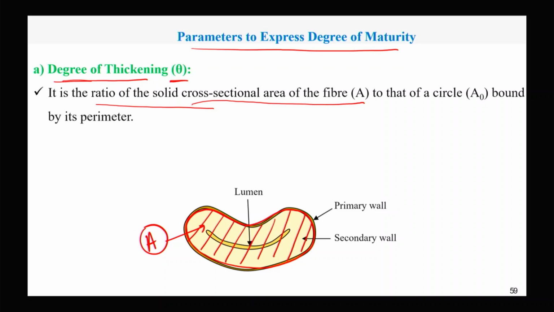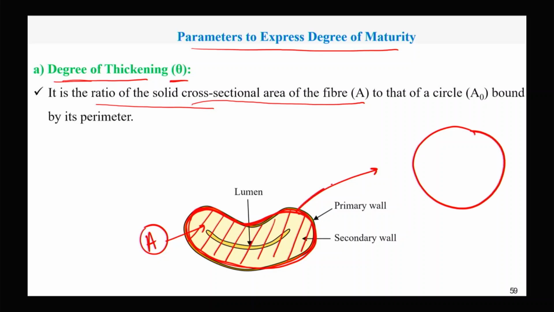Although it is bean shaped, let us convert this bean shape, with the same perimeter, to a circular cross section.